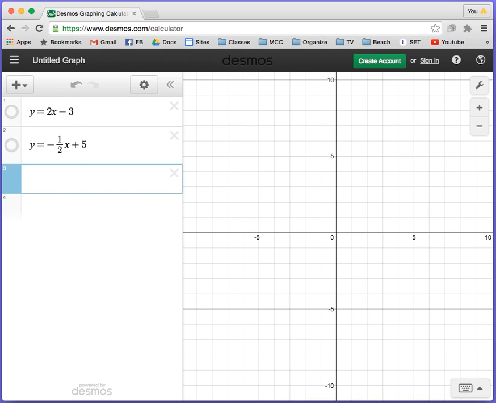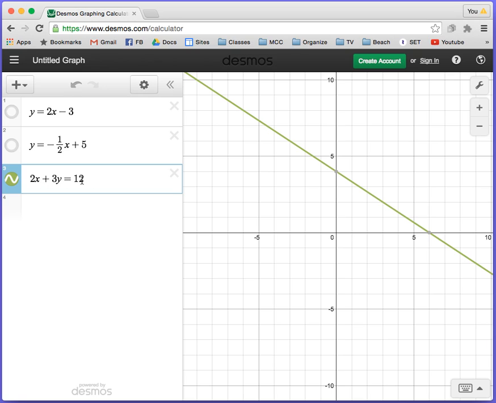Let's do, how about something that's not in slope-intercept form? How about 2x plus 3y equals 12. All right, that one's in green, and you can see this over here. Now you can check that you've got the right x and y intercepts.